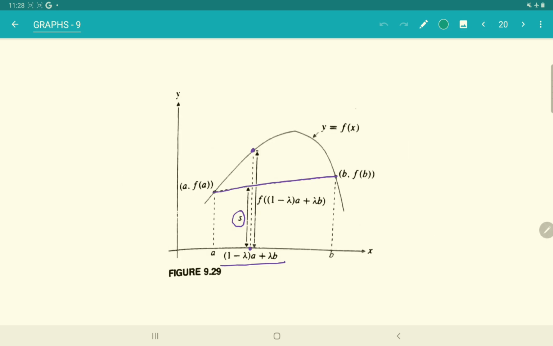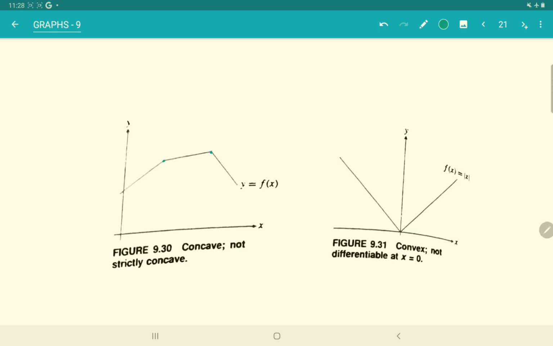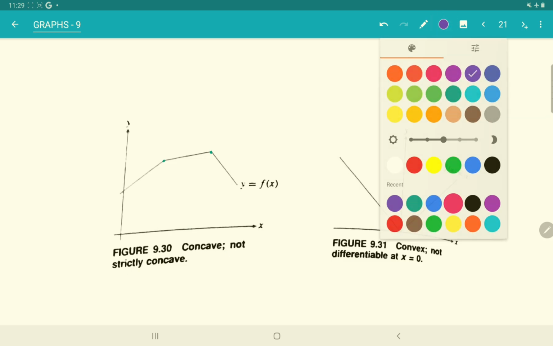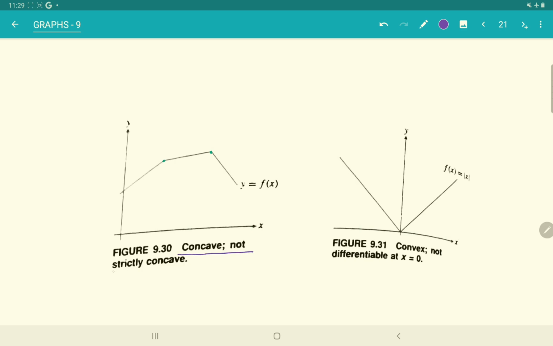That's not the case here. Here you take up any 2 points on the graph, you get a line segment that joins those 2 points, and the graph of f will always be strictly above that line segment, but that's not the case in figure 9.30. So here the function is concave but not strictly concave.